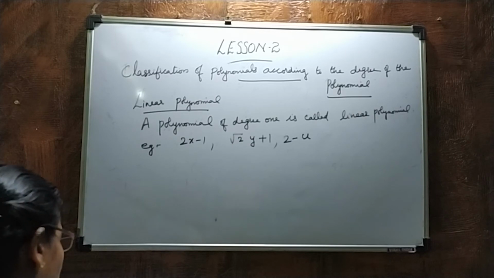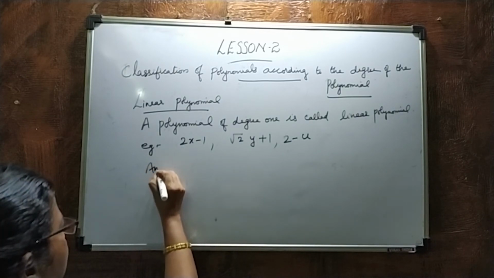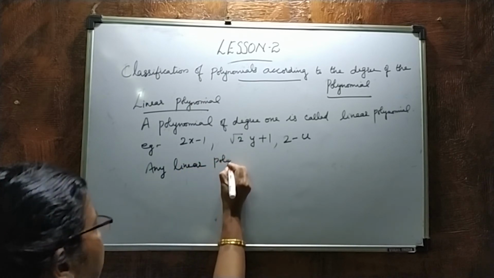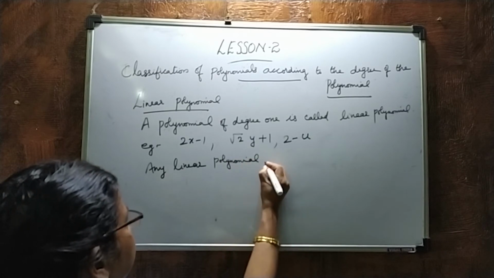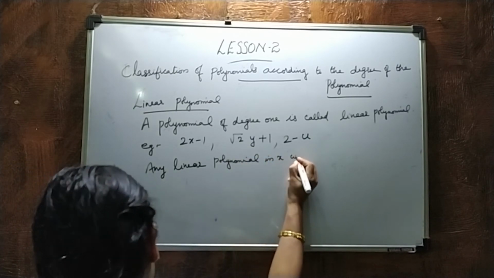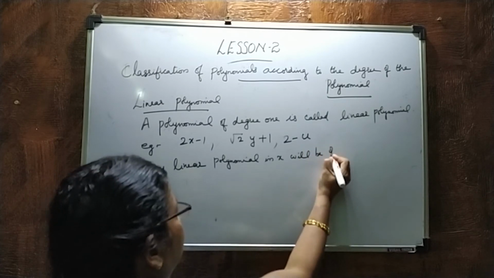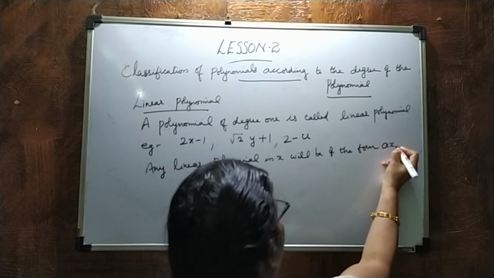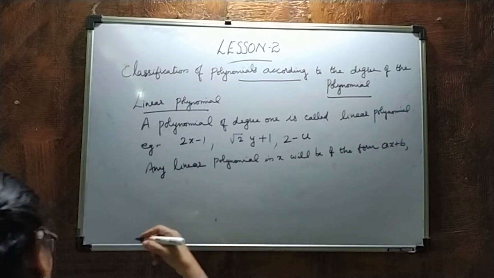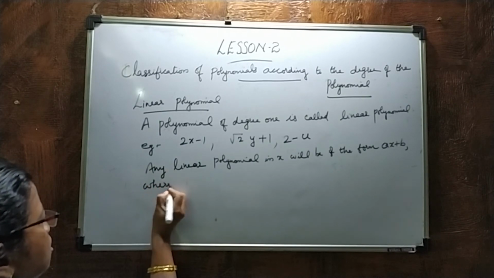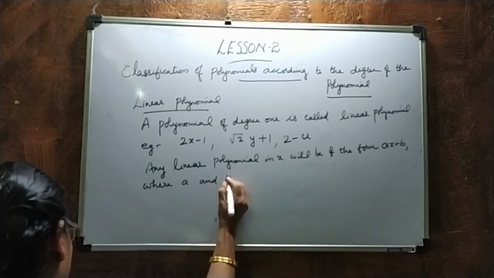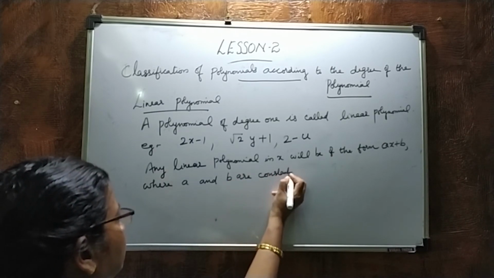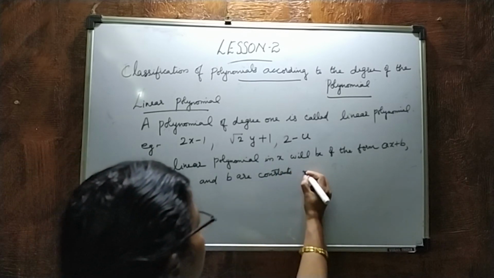So any linear polynomial in x will be of the form ax plus b, where a and b are constants, and a not equal to 0.